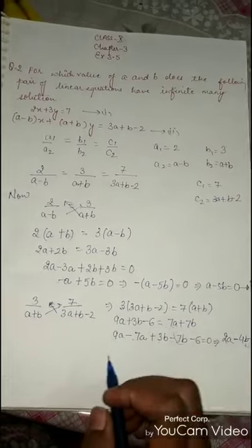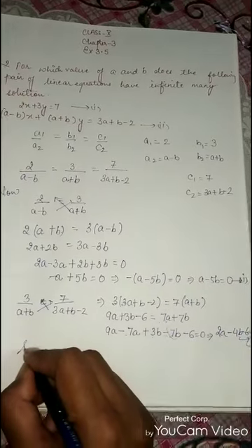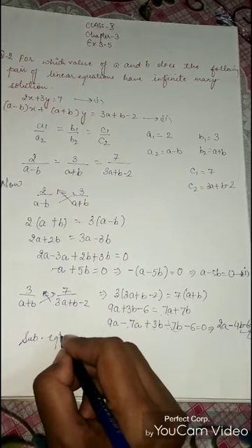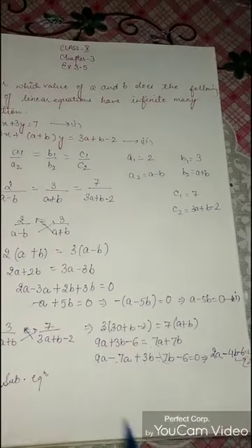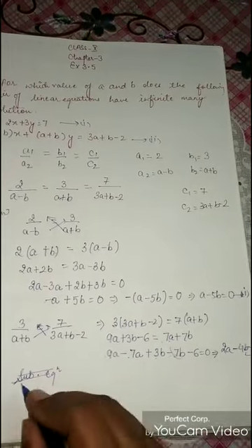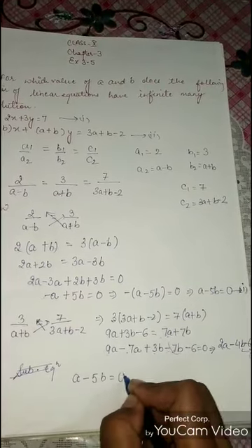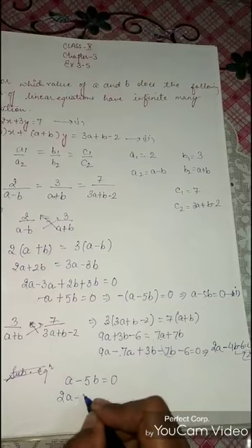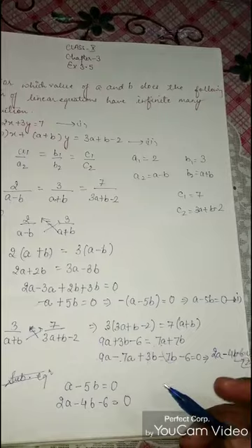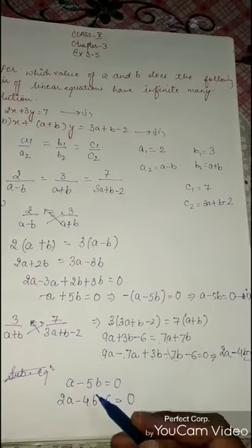Now subtracting equation number 1 from 2. We'll not subtract first, we'll write the equations here first. 2a minus 4b minus 6 is equal to 0. We got two equations. Now we have to solve these two equations either by using the elimination method or the substitution method, whichever method you wish.